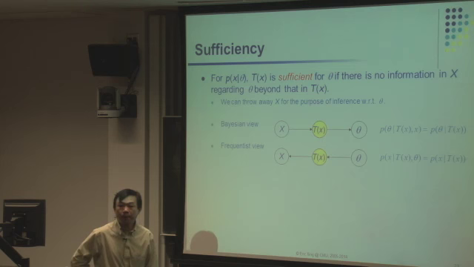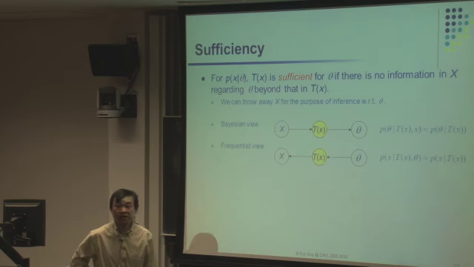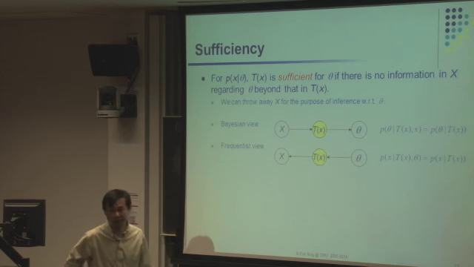So from the frequentist perspective, are you suggesting X is generated from Tx? Well, in the frequentist perspective, there is no generative procedure. Okay. The frequentist model is not generative. It's just a distribution indexed by some number. I would say this distribution is indexed by the sufficient statistic.